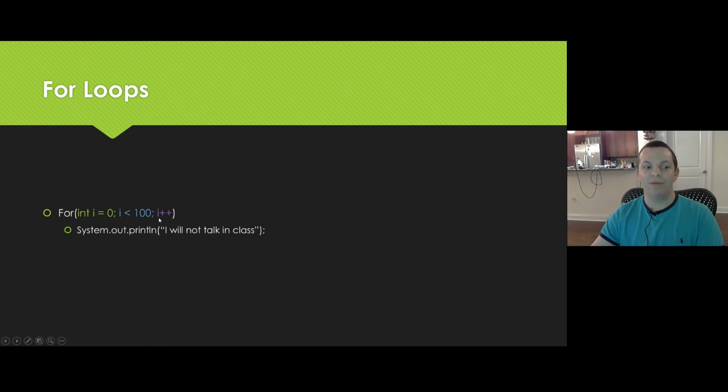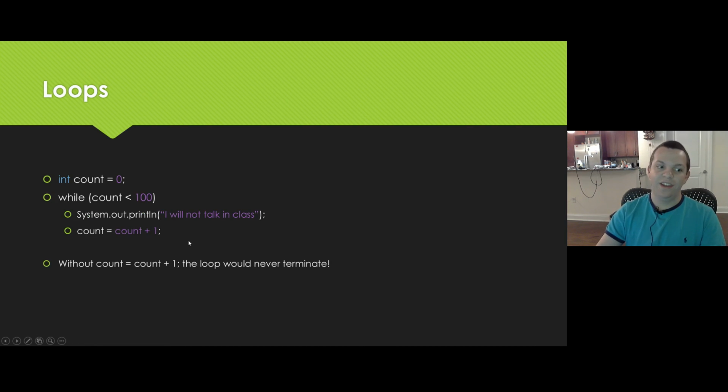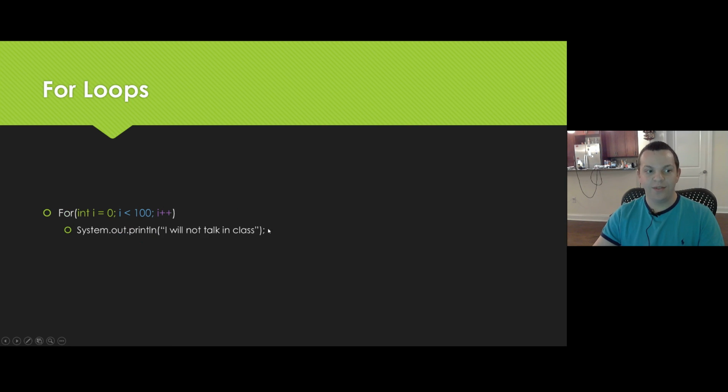And then we have something to be run at the very end of every iteration, which does something to i to get it closer to its terminating condition. In this case, we do i++. What that means is it will add 1 to the variable i. Just like we had in the earlier example with the count variable that keeps getting added to by 1, we have the same thing going on with the variable i.